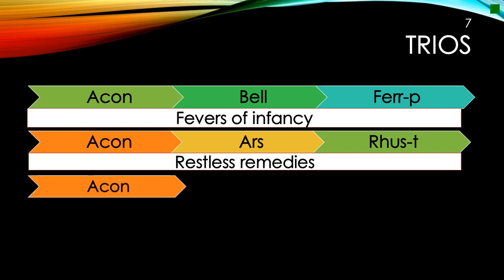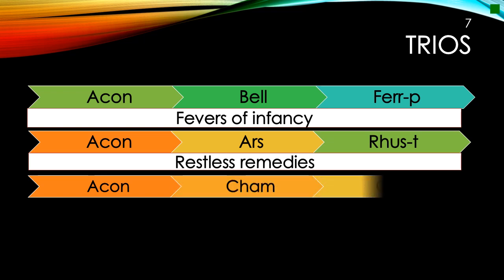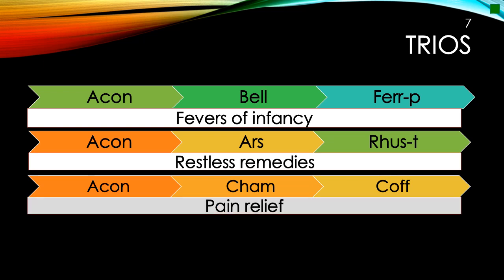Yet another one is Aconite, Chamomilla, and Coffea. This particular trio is for pain relief, because the character of pain is going to change as the disease passes through its different stages of manifestation.